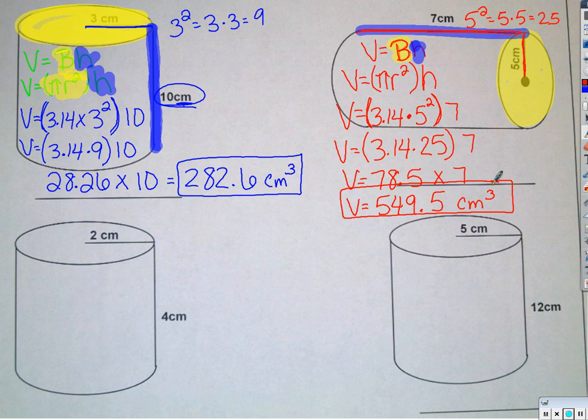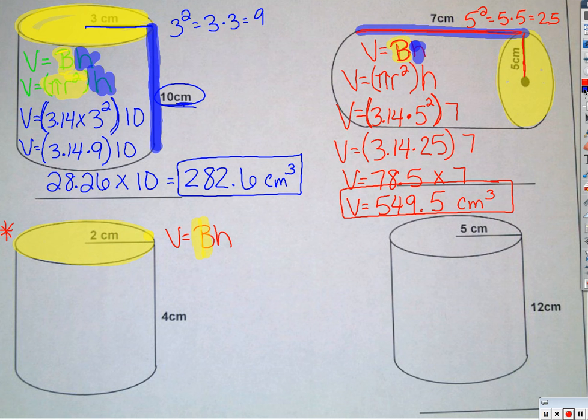Okay, one more. We're going to do this one right here. Same formula. Volume equals big B times H. Big B is the area of the base. Our base is a circle, so we have to find the area of that circle.